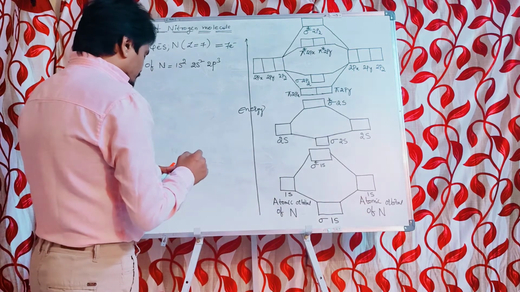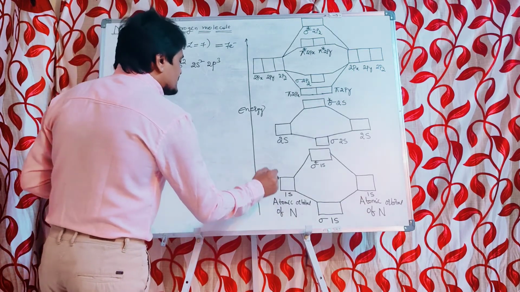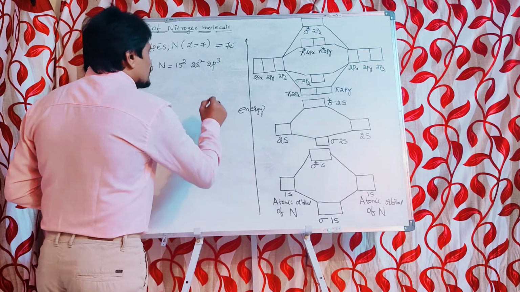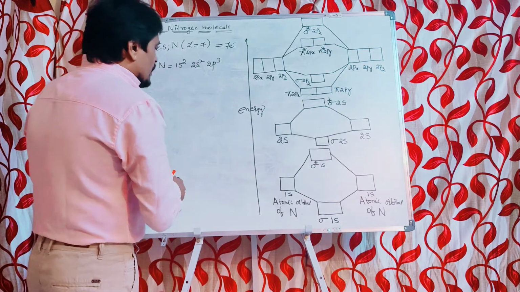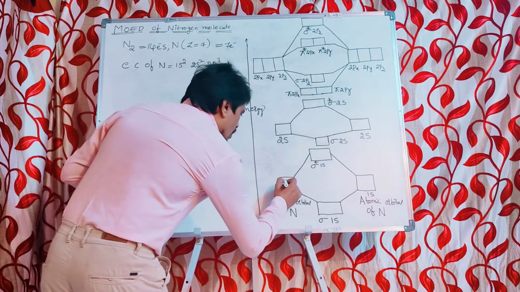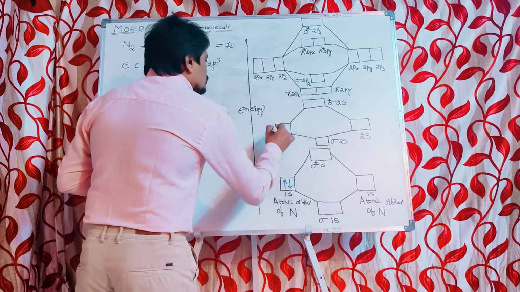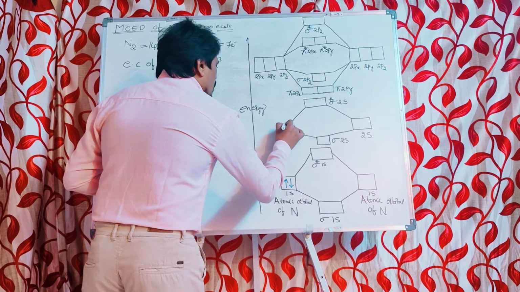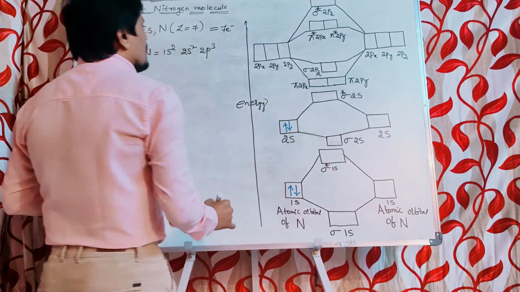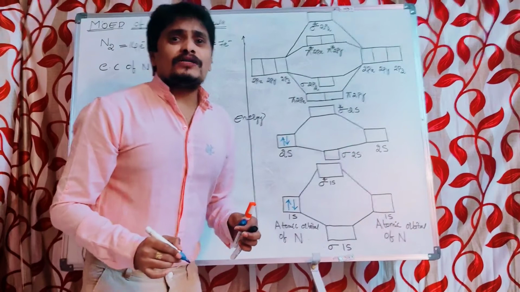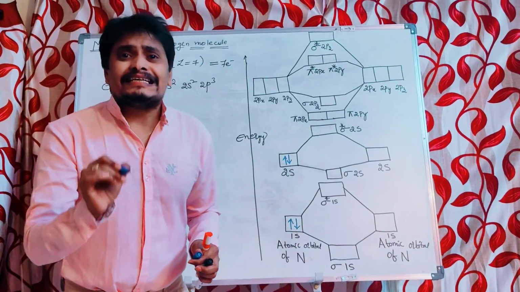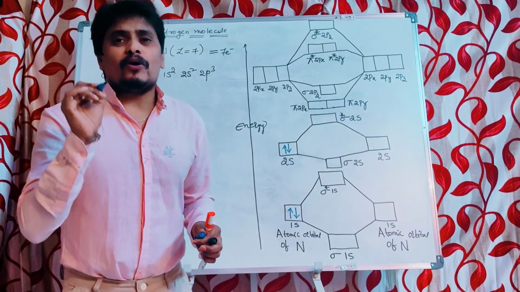What is the electronic configuration of the single nitrogen? 1s2, 2s2, 2p3. That is, 2 electrons are a part of the 1s atomic orbital, 2 electrons are a part of the 2s atomic orbital, and 3 electrons are a part of the three 2p atomic orbitals.